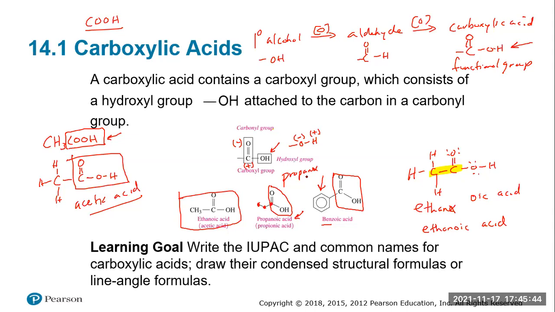Now, this group, much like the aldehyde group, because it has this hydrogen here at the end, means that the carboxylic acid functional group will always end up at the end of the molecule. So we do not necessarily give the location of where the carboxylic acid group is located, but we do give it the priority in terms of numbering.